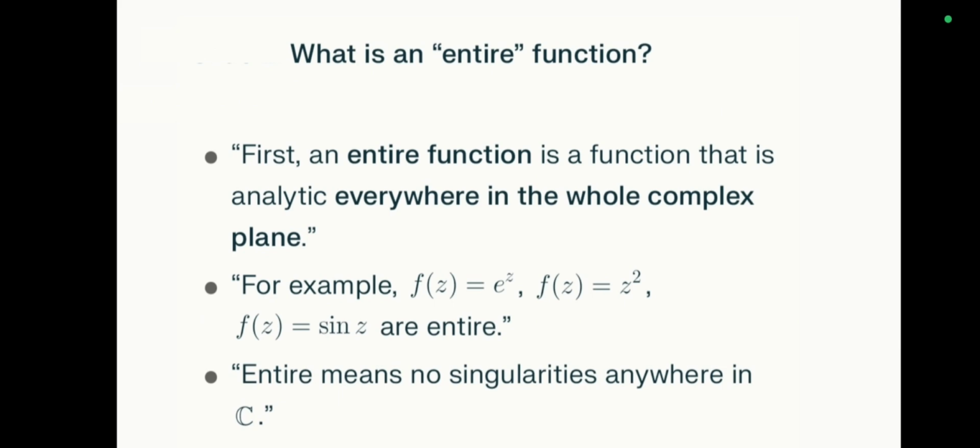That means there is no point where it fails to be differentiable. We can consider some examples like the function f(z) equals exponential z, f(z) equals z squared, and sine z, which are some of the entire functions. So entire means analytic on the whole complex plane.